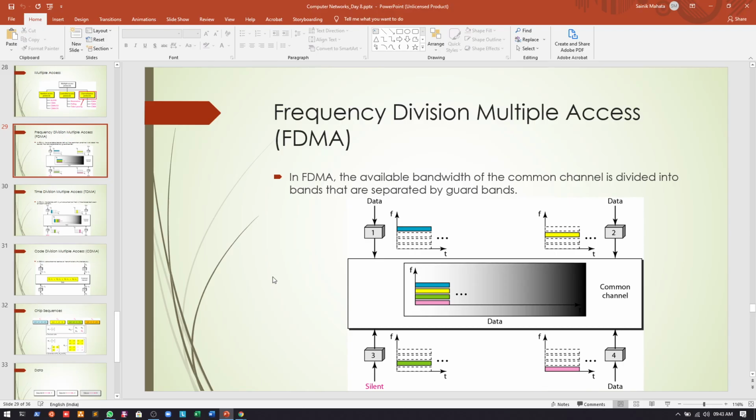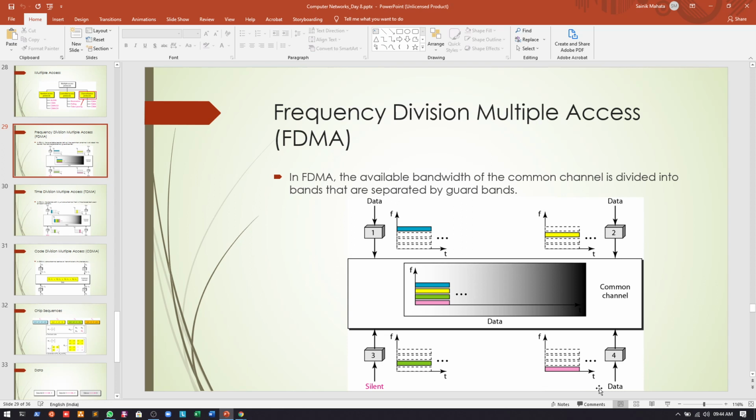Okay, suppose these are the 4 radio stations that are sending data, denoted by 1, 2, 3 and 4, right? If we have a common channel denoted in between, and it has for example 4 sub frequencies, the first sub frequency is given to the first channel, the second sub frequency to the second channel, the third to the third channel, and the fourth to the fourth channel.